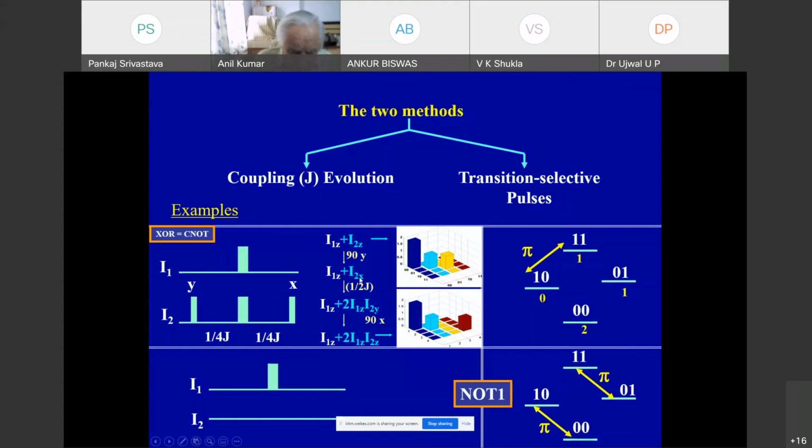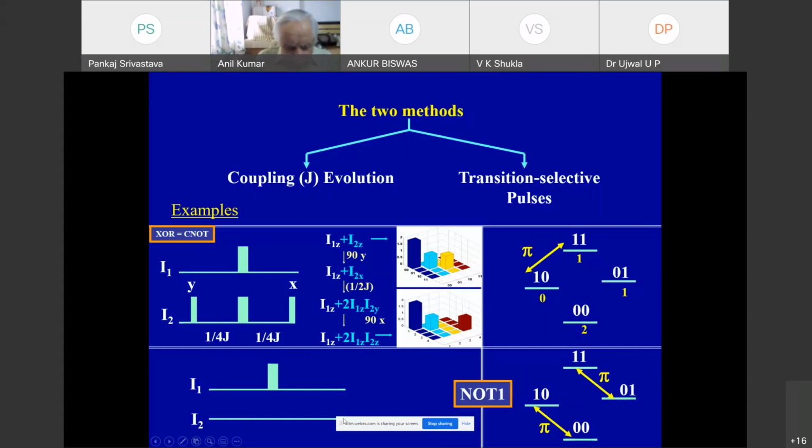One needs to do some algebra to go from I2x to I1z I2y. And you apply a 90-degree x pulse here to the second spin, and you get I1z plus 2I1z I2z. And that is again a control NOT operation.